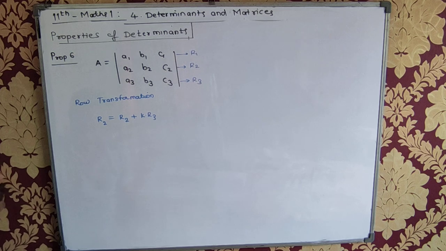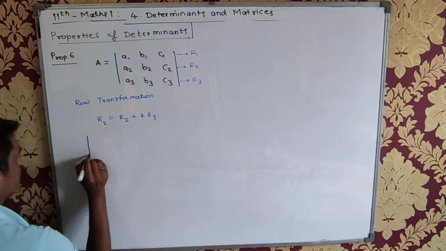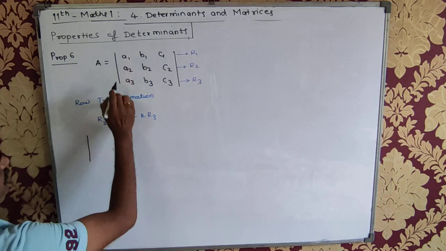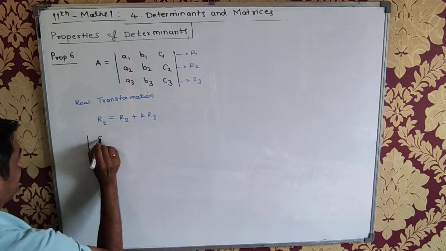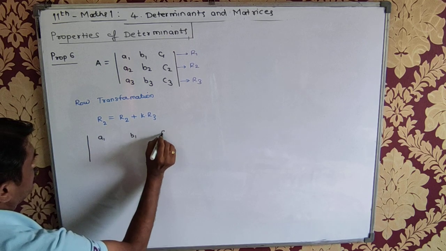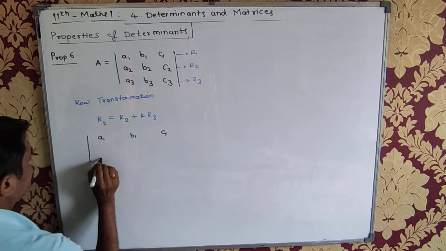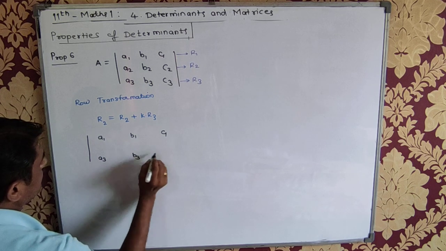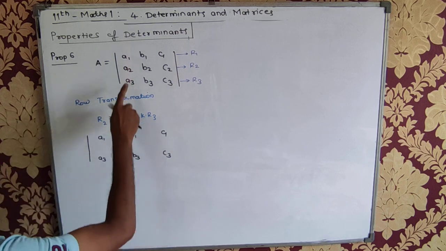If I do this row transformation, what will the new determinant look like? This will change R2. In the process R1 and R3 will remain intact: A1, B1, C1, and R3 will also be the same, A3, B3, and C3. Correct? But what will R2 be?